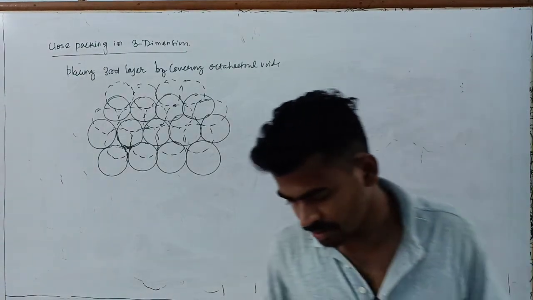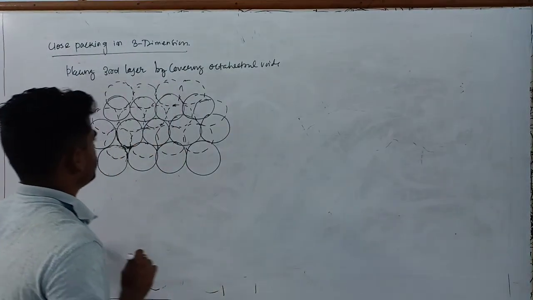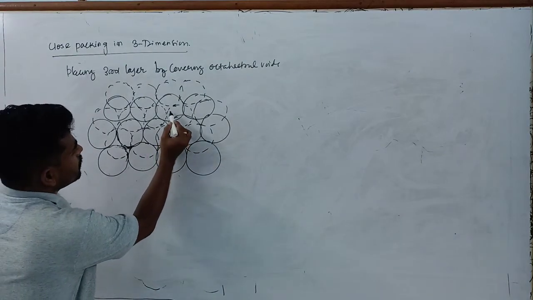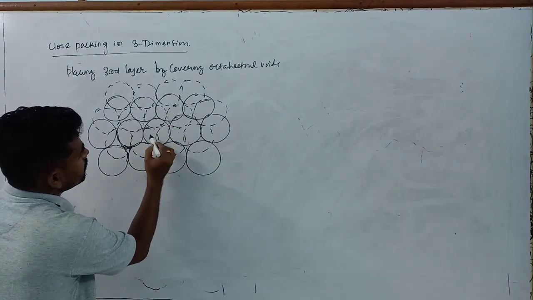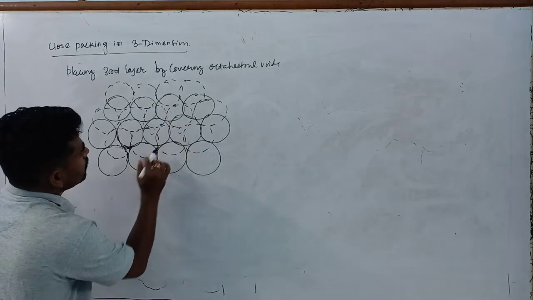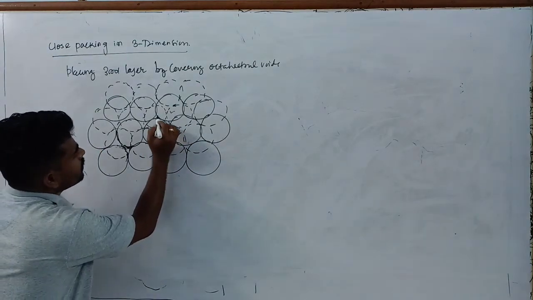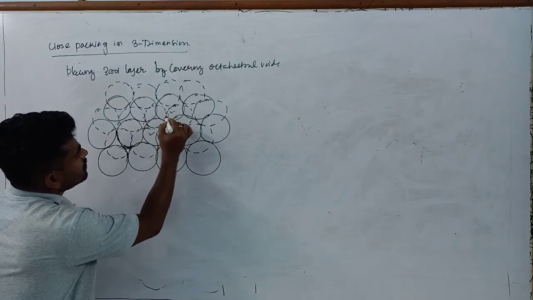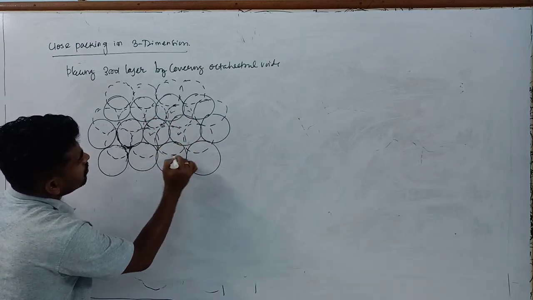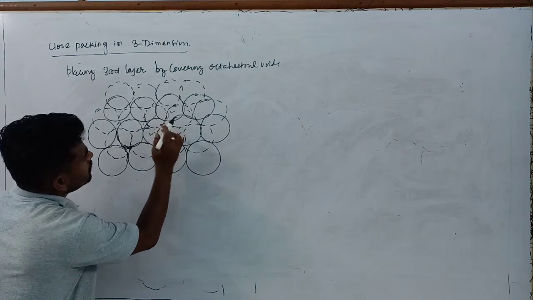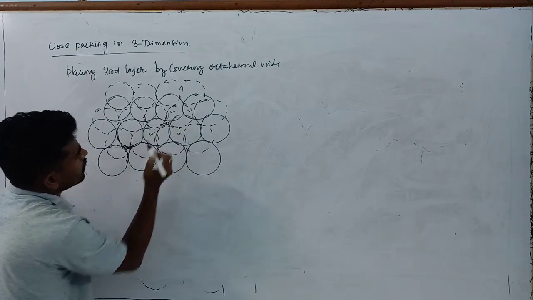If I place the third layer over octahedral voids, you just identify, these are 3 spheres of the base layer, this one, this one, this one, and over it this dotted sphere and this dotted sphere, and this one is also another dotted sphere. So this one is your octahedral void, O, octahedral void.